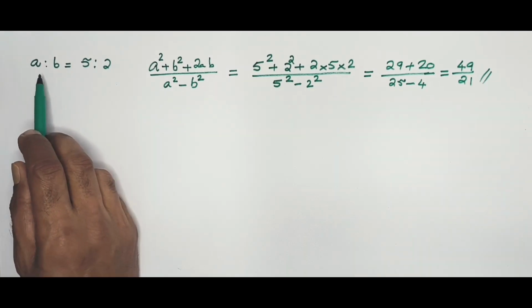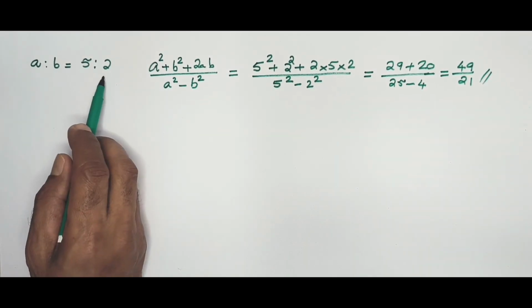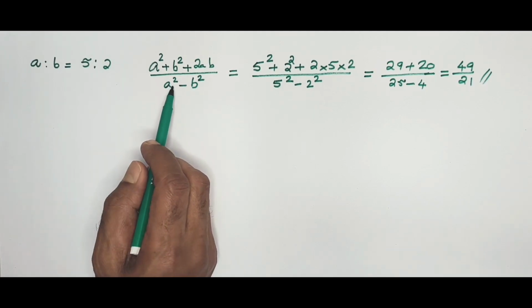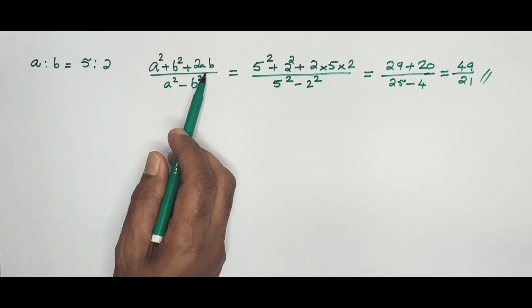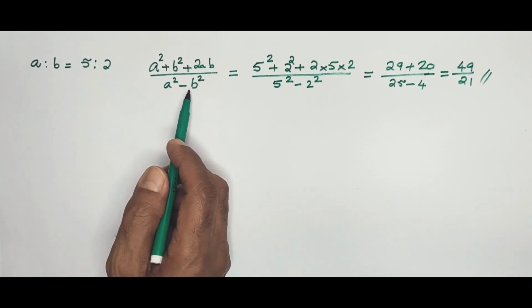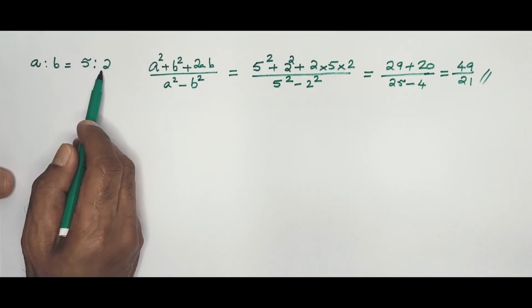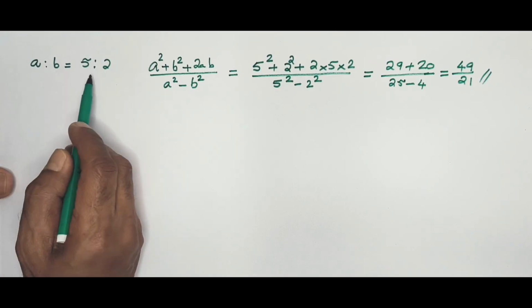If you apply the precise definition of the ratio, this would be a equals 5x and b equals 2x. But when substituted here, you will get x squared in the numerator and x squared in the denominator, and they will cancel out. So it doesn't make any difference whether you take a as 5 and b as 2 or multiples of 5 and 2.